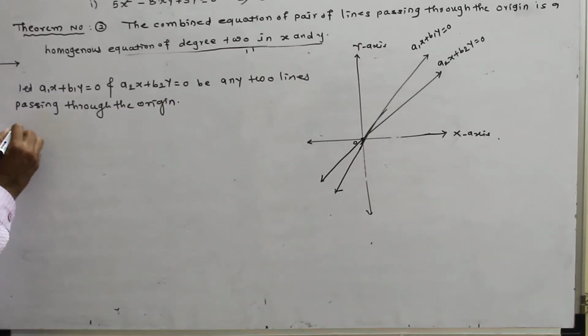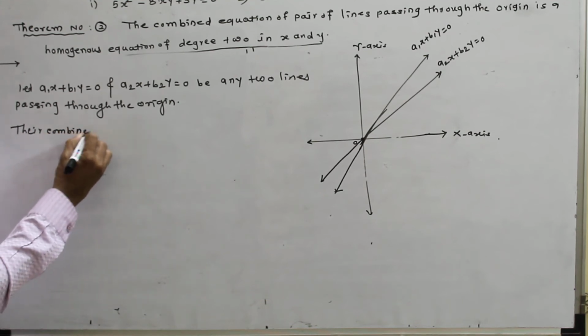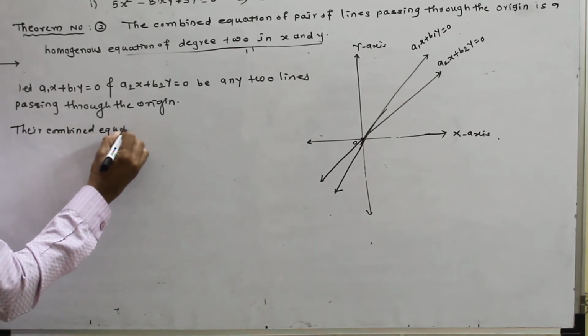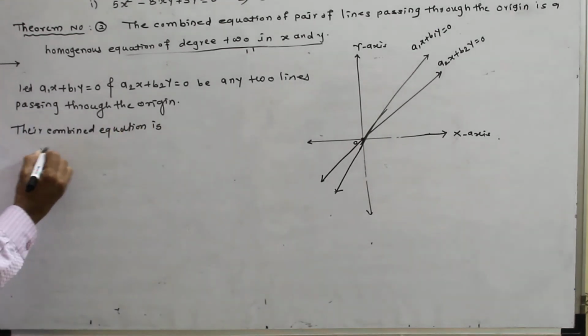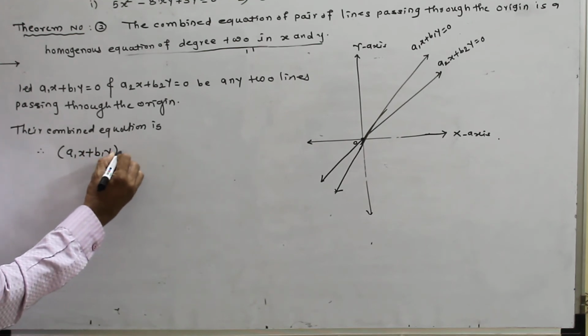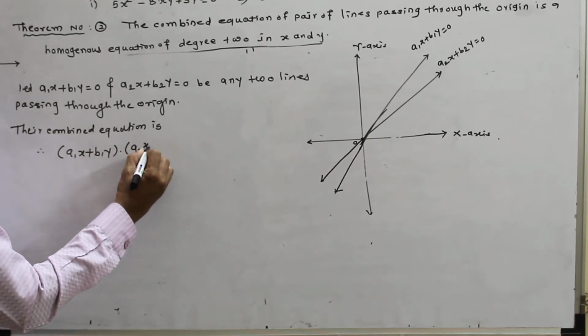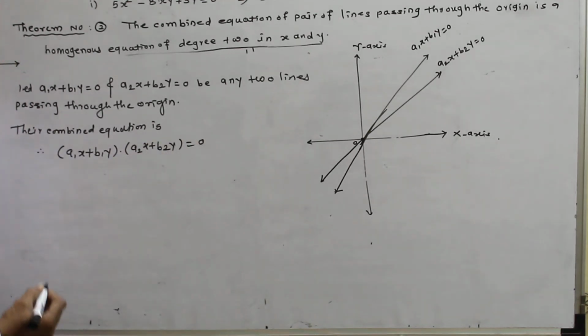Now their combined equation is (a1x plus b1y) into (a2x plus b2y) is equal to 0.